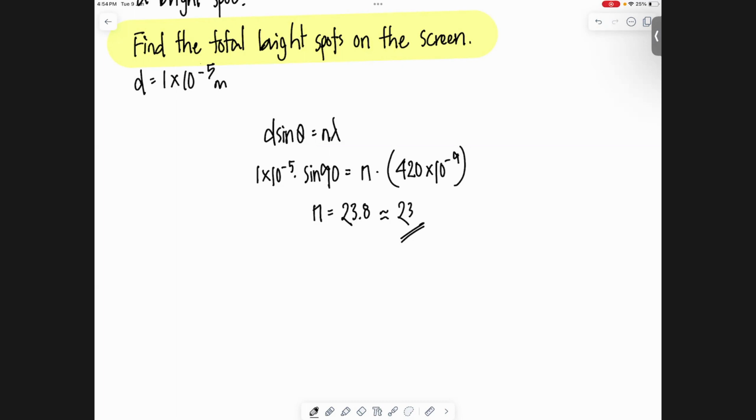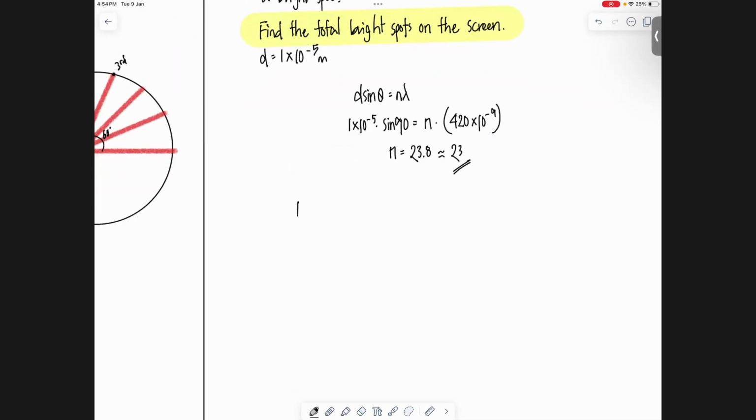Why? Because there's a central spot that doesn't count in our math. So the total number of bright spots on the screen would be what? 23 on this side, 23 on that side, plus the one at the center. Yes, 47. 23 plus 23 plus 1. So that's the maximum number of bright spots: 23 into 2 plus 1, 47.